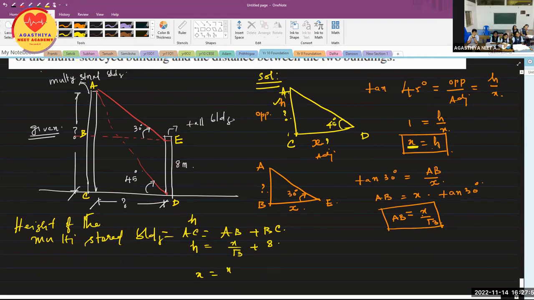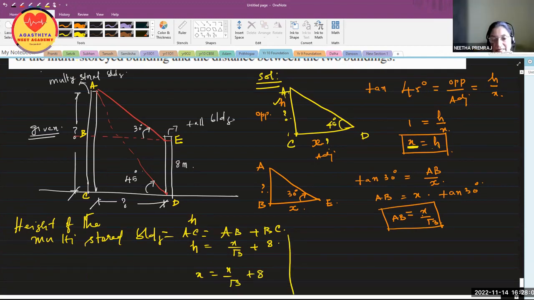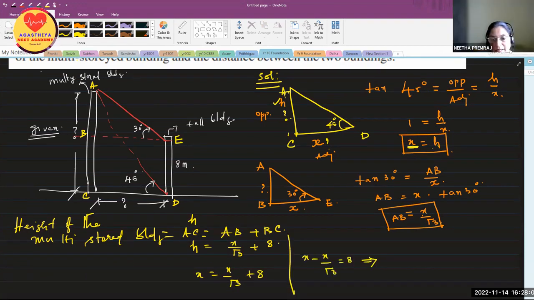Then I take like terms to one side. So if I take X outside, 1 minus 1 by root 3, that is equal to 8.